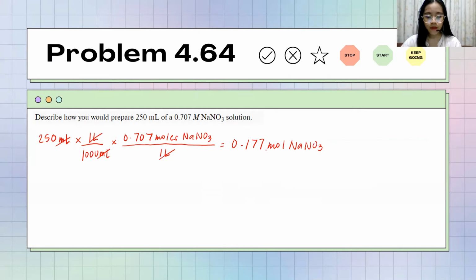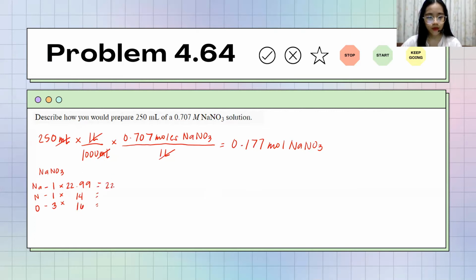Now that we have the moles of sodium nitrate, we can get the mass of it. But let's first find the molar mass of NaNO3. We have 1 mole of Na, 1 of N, and 3 of O. Na has a mass of 22.99, N has a mass of 14, and O has 16.